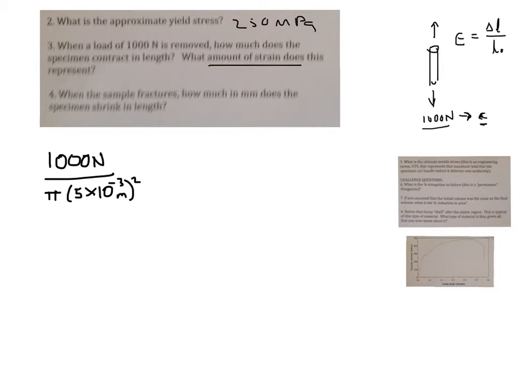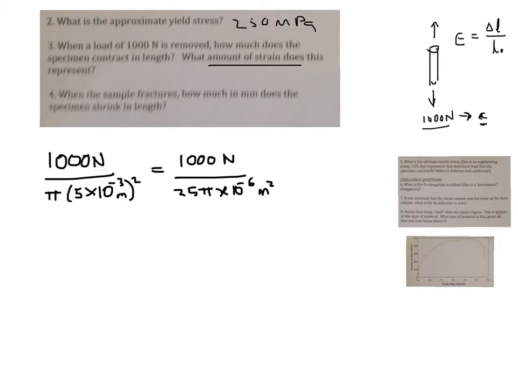So here is the radius squared times pi, so that is the area. And this is equal to 1,000 newtons divided by 25 pi times 10 to the minus 6 meters squared.